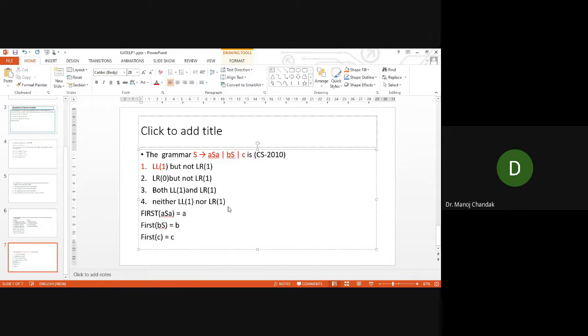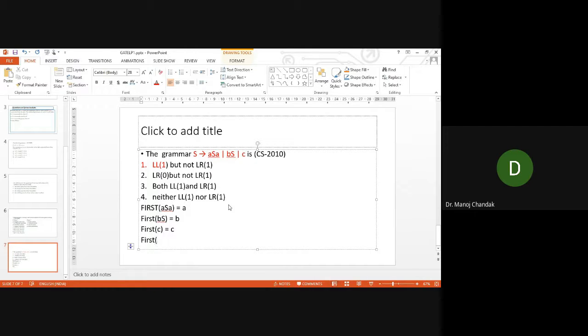And you find the intersection of all these: first of ASA, intersection first of BS, and again intersection first of c.